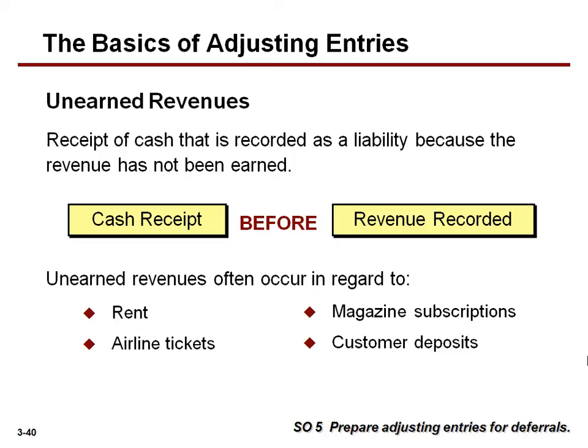Taking unearned revenues first, this means that cash has been received before the earned revenue has been recorded. So the cash received in advance has not been earned and therefore was booked as a liability. We're going to adjust the liability position and push credit dollars into an earned revenue account.